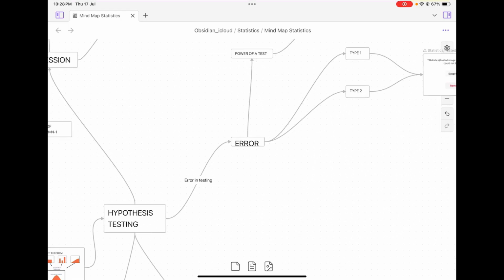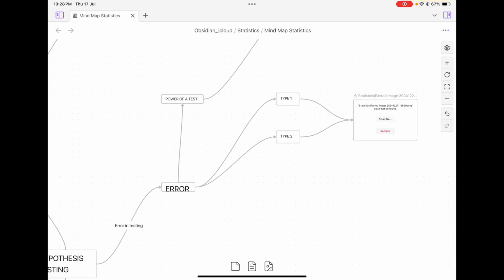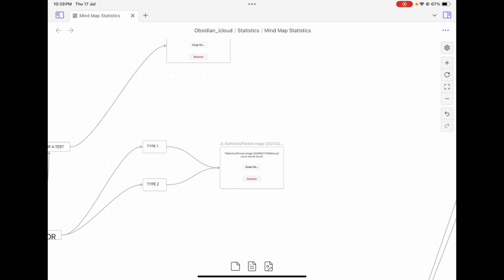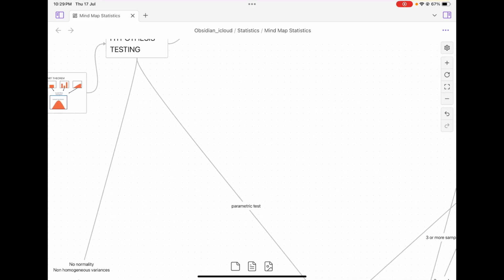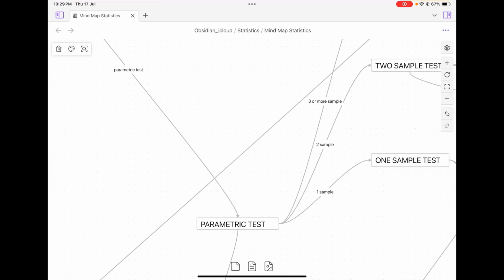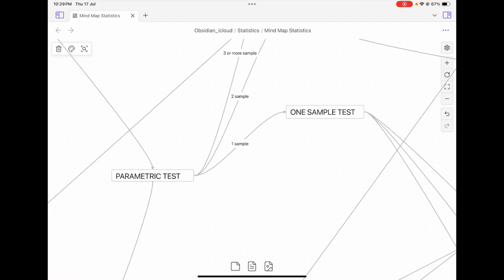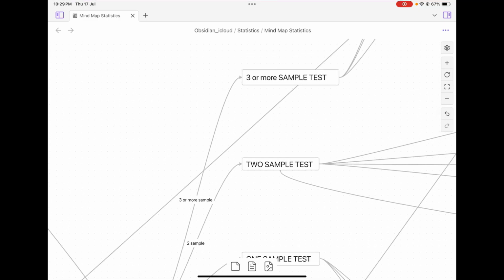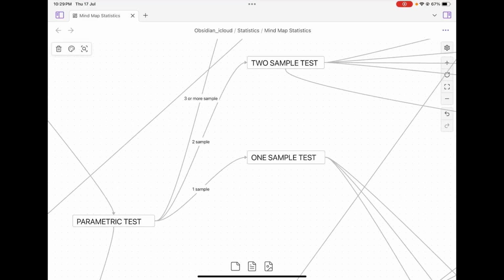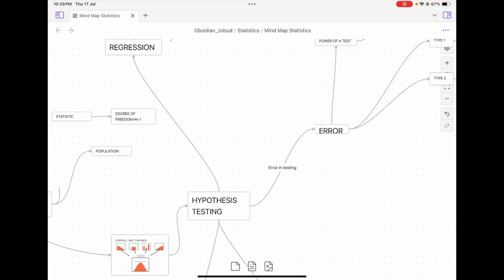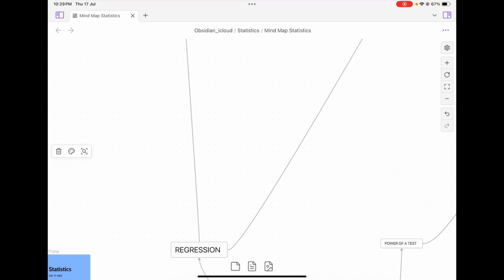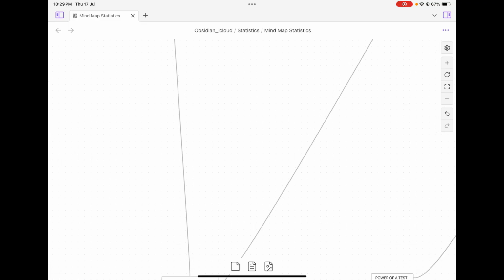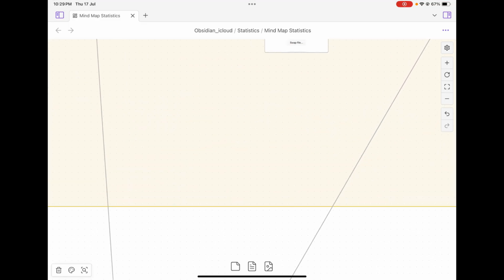In hypothesis testing, we will learn about the different types of tests. In parametric testing, we will study different types of tests like the one sample test, two sample test, three sample test, etc. You will also learn about regression, that means both linear regression and logistic regression, and we will use Python to implement linear regression.